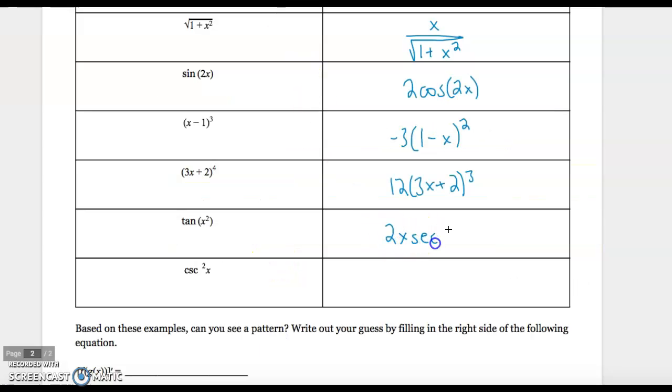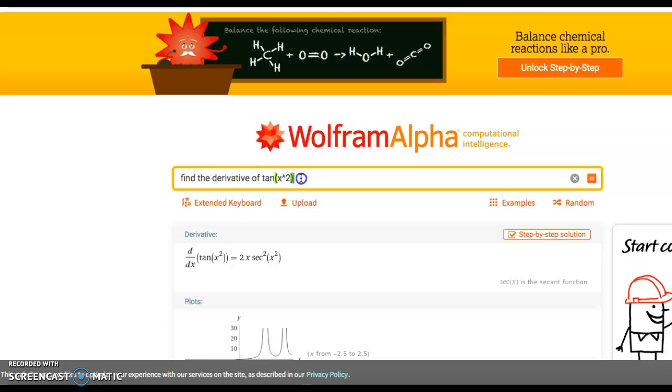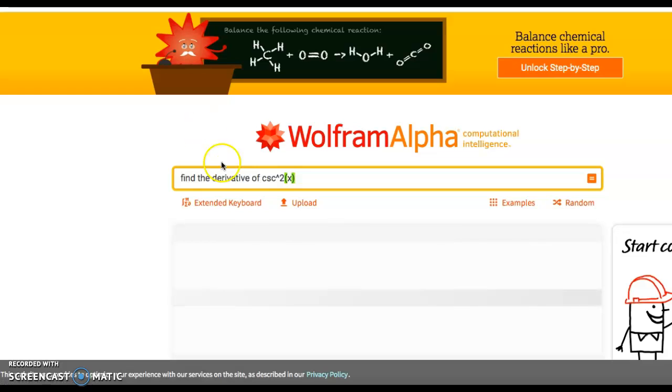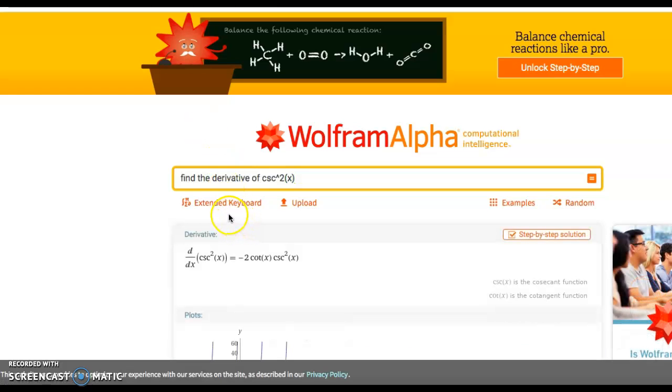And last but not least, cosecant squared of x. I think it'll let you type it in this way. Yep, negative 2 tangent cosecant squared.